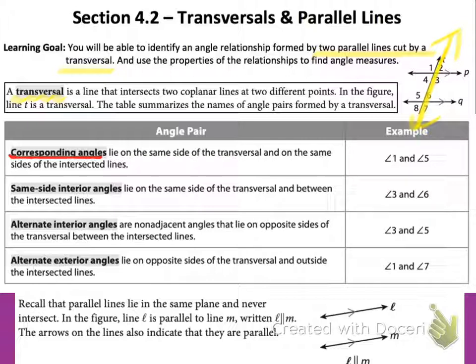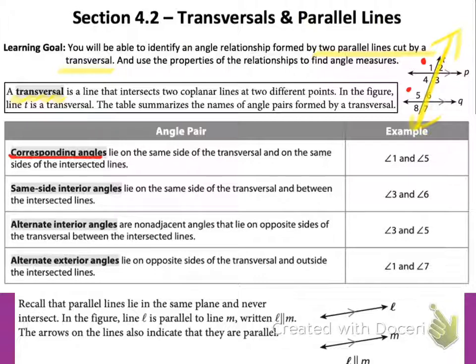So they're in the same position relative to the lines that form them. For instance, angle 1 is on the left of the transversal and above line P, and 5 is in the exact same position but relative to the other line. So it's on the left of the transversal and above. So those are considered to be a corresponding pair of angles.